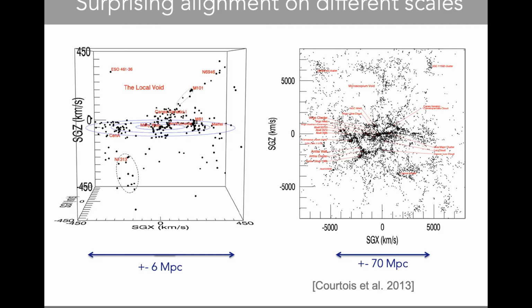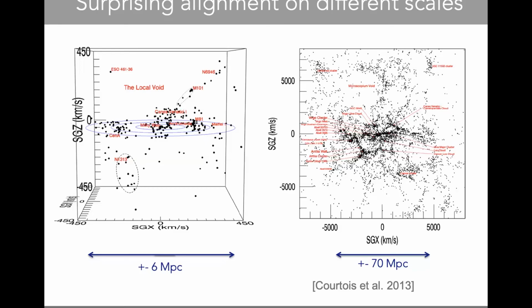So this is a very small environment, and that's already in the same plane. It seems like the plane of satellites is at the same plane as the supergalactic plane, which, if I think of a continuous accretion, I would expect the majority of the matter to be accreted through the supergalactic plane. So it would make sense that satellites are aligned with the supergalactic plane, kind of.